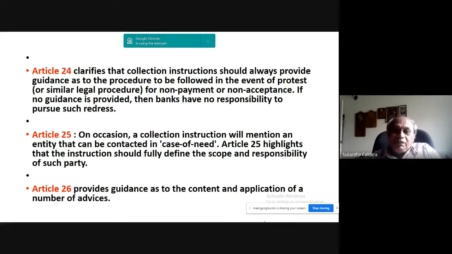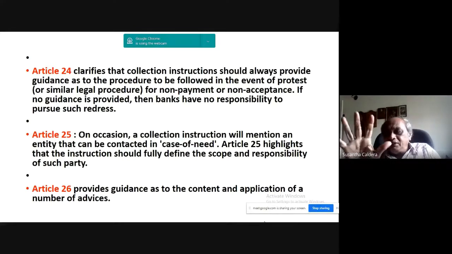When you give the case of need, the remitting bank has to provide the full instructions that define the scope and the responsibility of such party. If they have mentioned Mr. M.J. Pereira as the case of need, then what we can do is inform Mr. M.J. Pereira only.